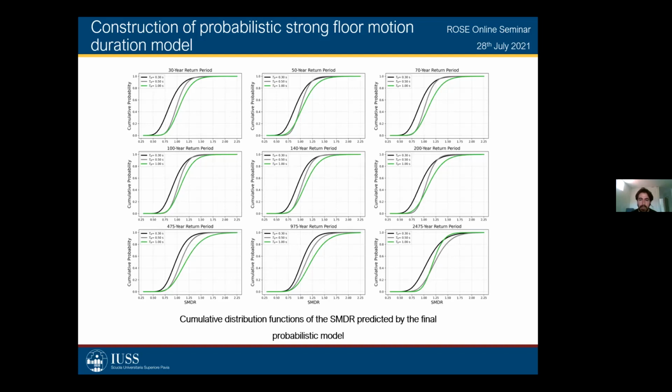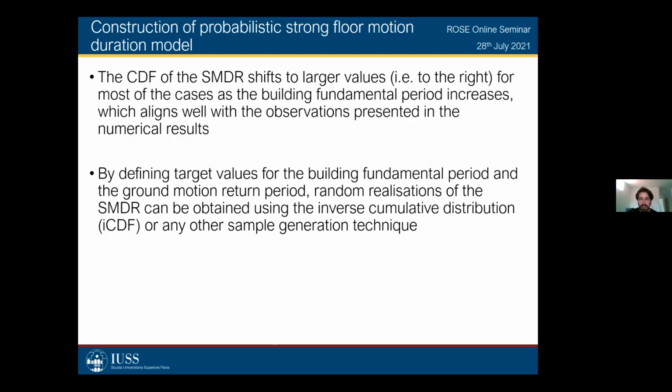Basically, if you want to generate a realization of the strong motion duration ratio, and you have a target fundamental period of your supporting structure and a target hazard level, you can generate the CDF as it was done in here, and use the inverse cumulative distribution function method to generate random realizations of the strong motion duration ratio. Or no, it doesn't have to be the inverse cumulative distribution method. It could be any other sample generation technique.